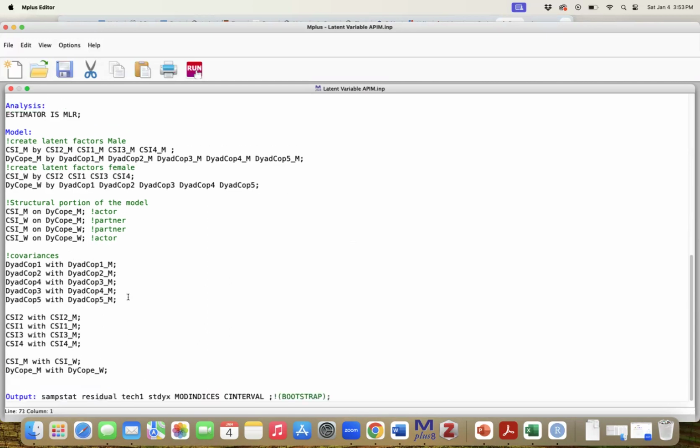All right. And so some people are going to say, don't drop the items. There's some potential argument for that, especially because you're using a validated scale.